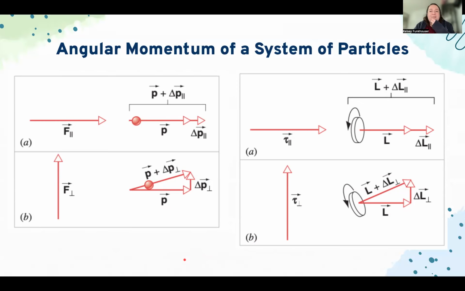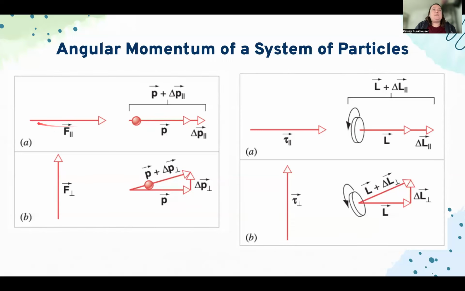Let's say we have a system with linear momentum and another with angular momentum, just like a particle moving and a disk spinning. An external force acts on one and an external torque acts on the spinning system. And we can break the external force and torque into components that are parallel to the initial linear and angular momentum, and perpendicular.